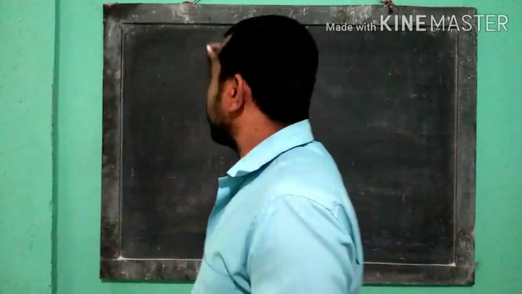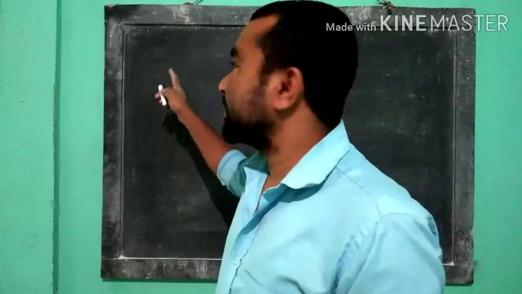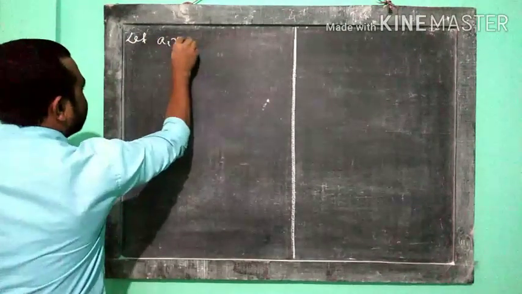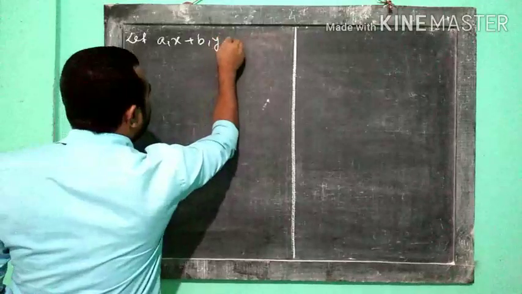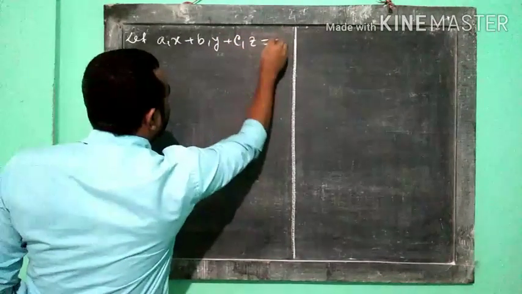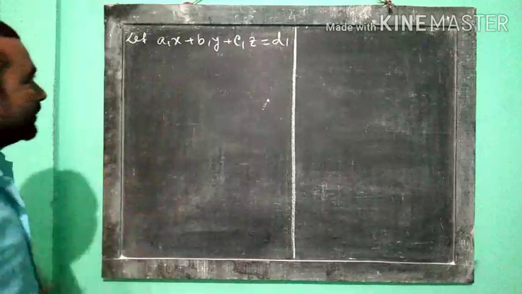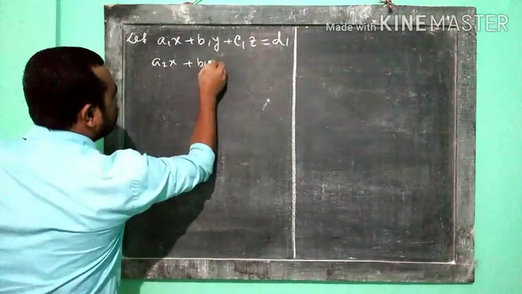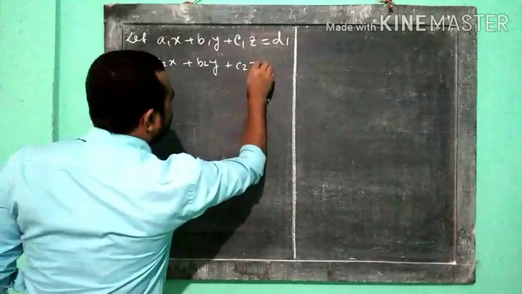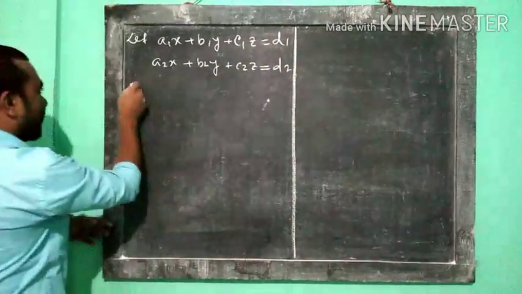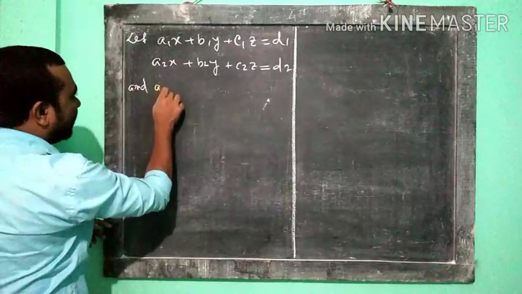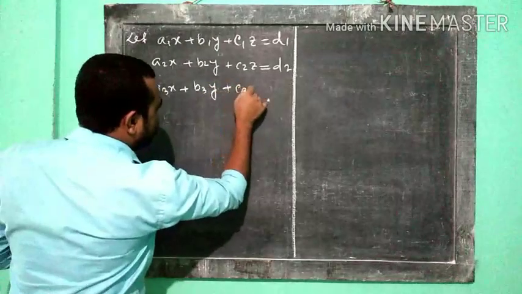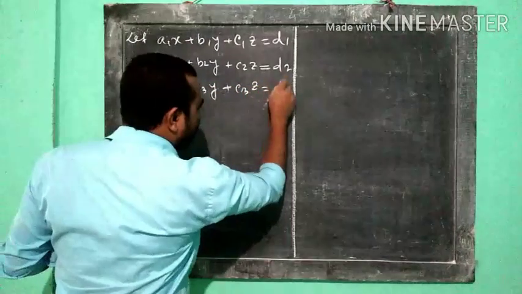So first of all, I write some examples here. Let a1x plus b1y plus c1z equal to d1. It is an equation, and a2x plus b2y plus c2z equal to d2, and a3x plus b3y plus c3z equal to d3.